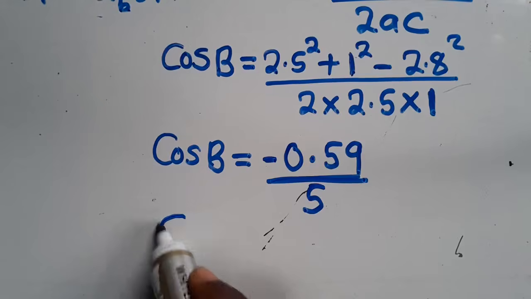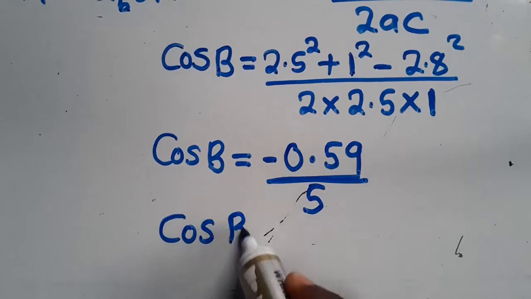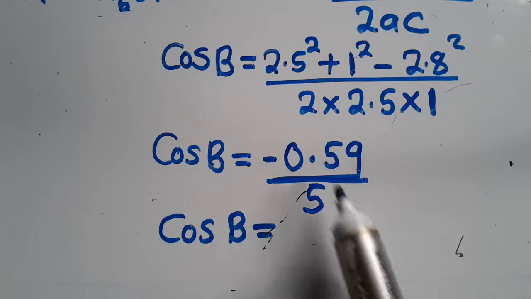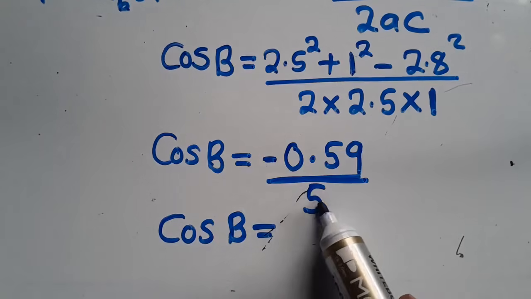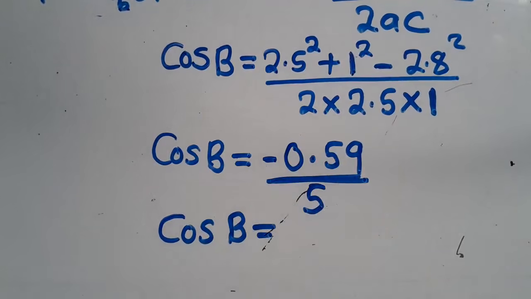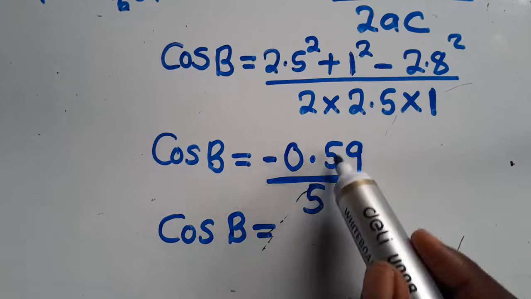So you say cos B is equal to, you divide there. So I don't know why some people make a mistake. When you see such a question, someone will say 5 divided by what is on top. Just write the way it is. You start negative 0.59 divide 5. The way they are, not where you start 5 divided by what is on top.